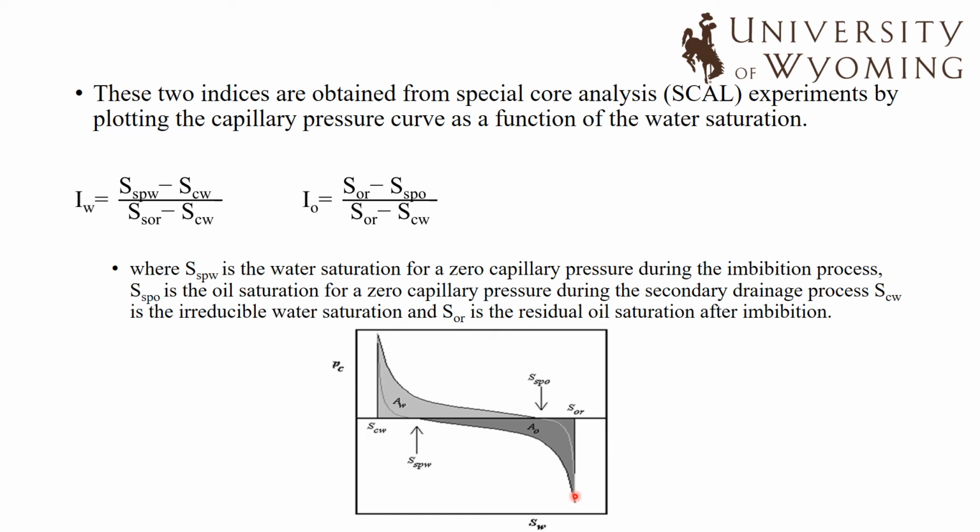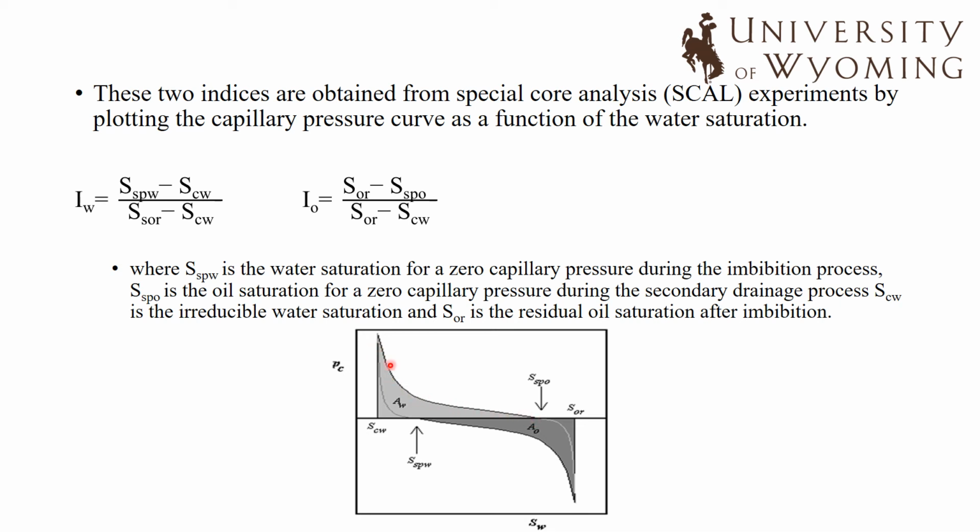So when oil starts coming in, if we take this core and put it in a beaker full of oil, only a small amount of oil will go in spontaneously, without forcing. Once we reach capillary pressure of 0, and the two pressures, oil and water, are the same, in order to inject more oil, we need to force that oil into the core.